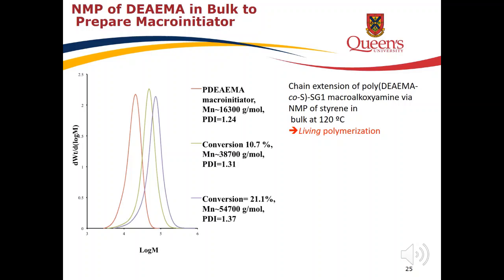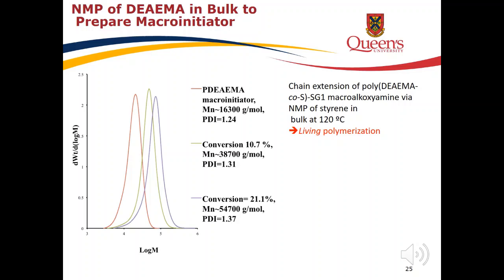And you can see here in this slide that starting out from a macro initiator at 16,000 molecular weight in the red, and then going to the green and the purple curves, we can get up to about 55,000 molecular weight with a reasonable dispersity index. And this gives us good assurance, if we look at the plots, that we've got a fairly good living system here.